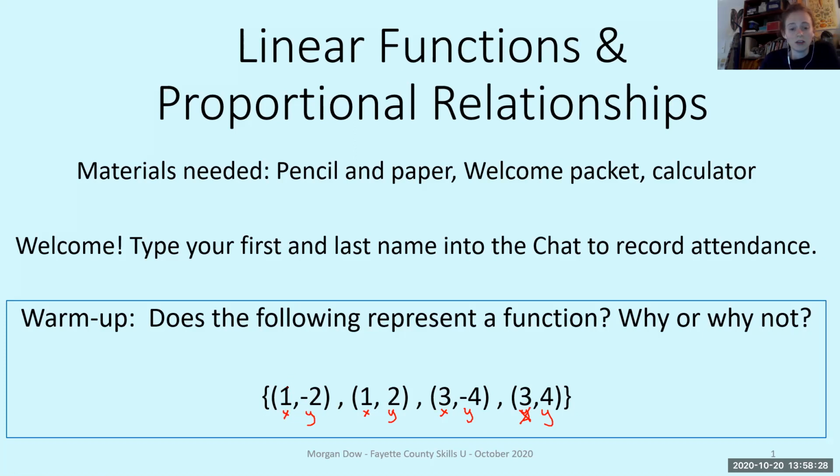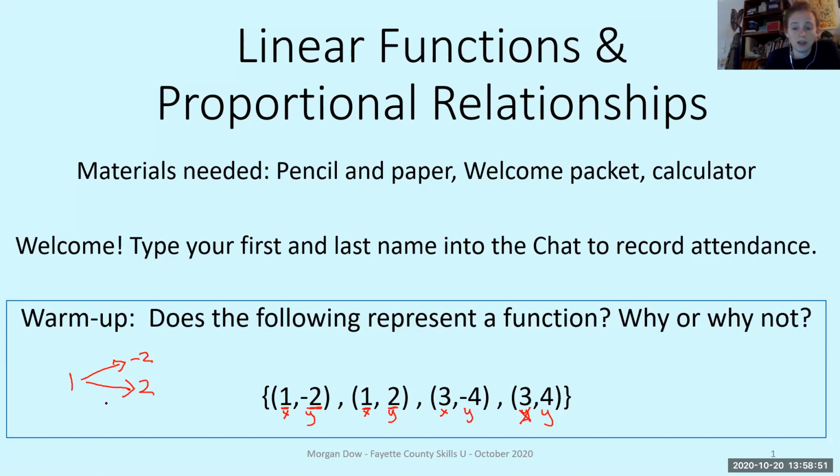No, it's not, right? Because if we look at the first two coordinate pairs here, we see we've got an input of 1 that gives us an output of -2. But then that input of 1 is also giving us an output of +2. So we've got one input that's giving us two outputs.